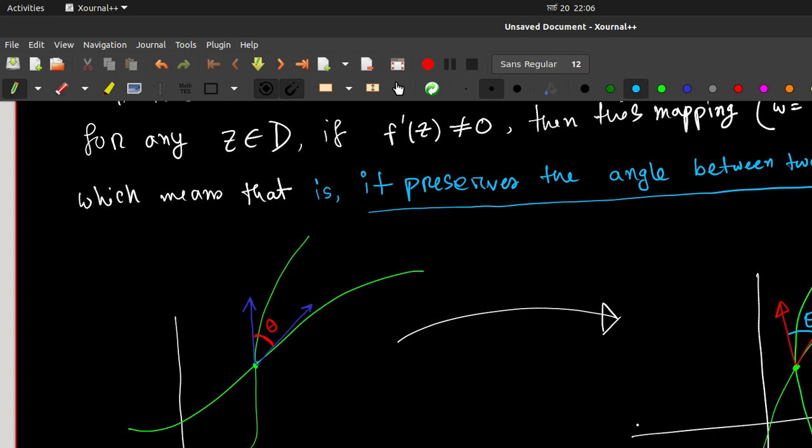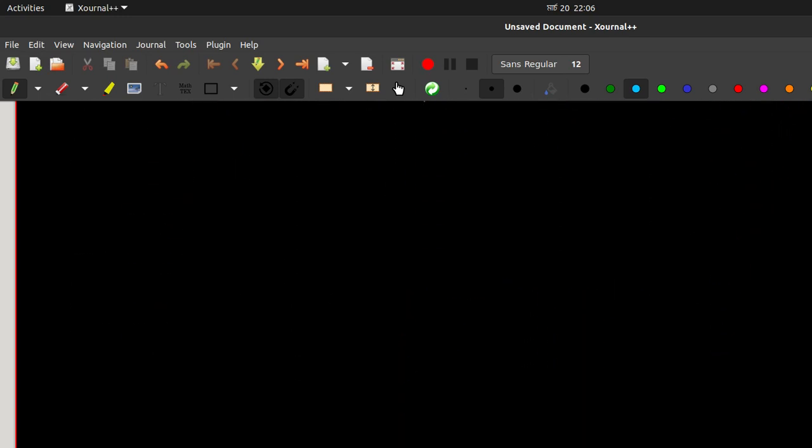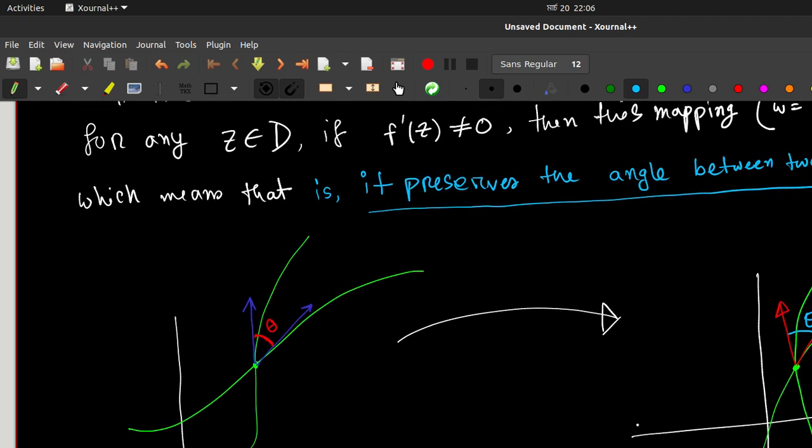Now how do we prove it? We prove it in the following way. At first we will look at what happens to these tangent lines as they get mapped via this w equals f of z relation.